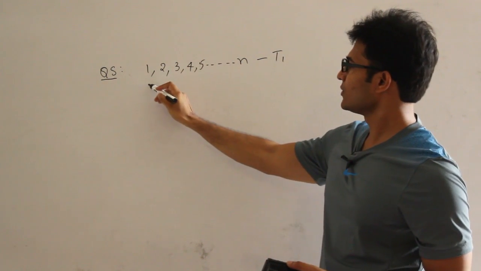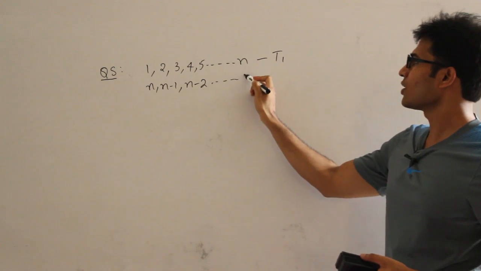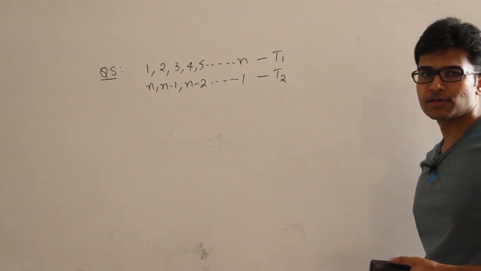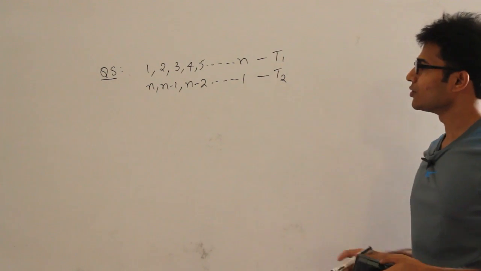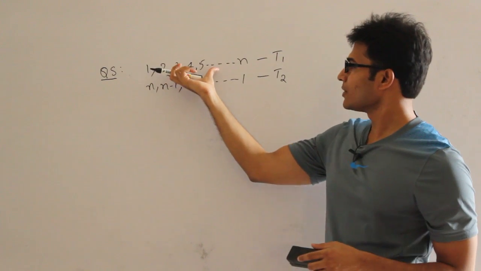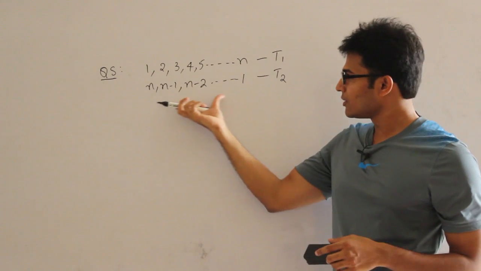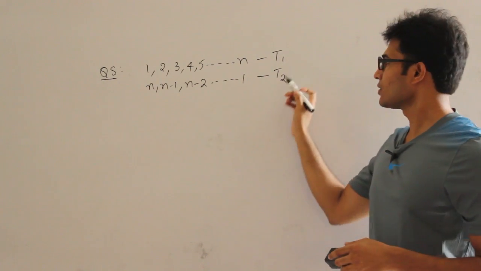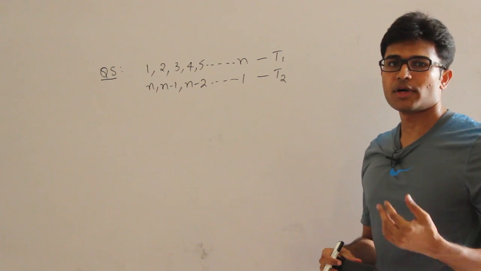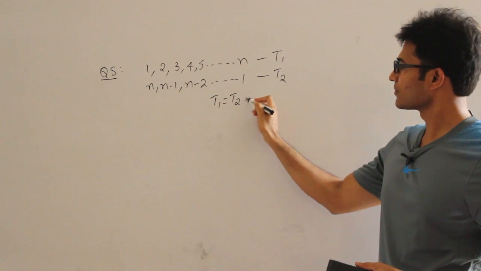And if the input is n, n minus 1, n minus 2, and so on down to 1, then the time taken is T2. Then they are asking what is the relationship between T1 and T2. We have already seen that if the elements are sorted in ascending order or descending order, or if the elements are all equal, then we get T1 equal to T2 equal to big O of n square. So in this case T1 is equal to T2, right?